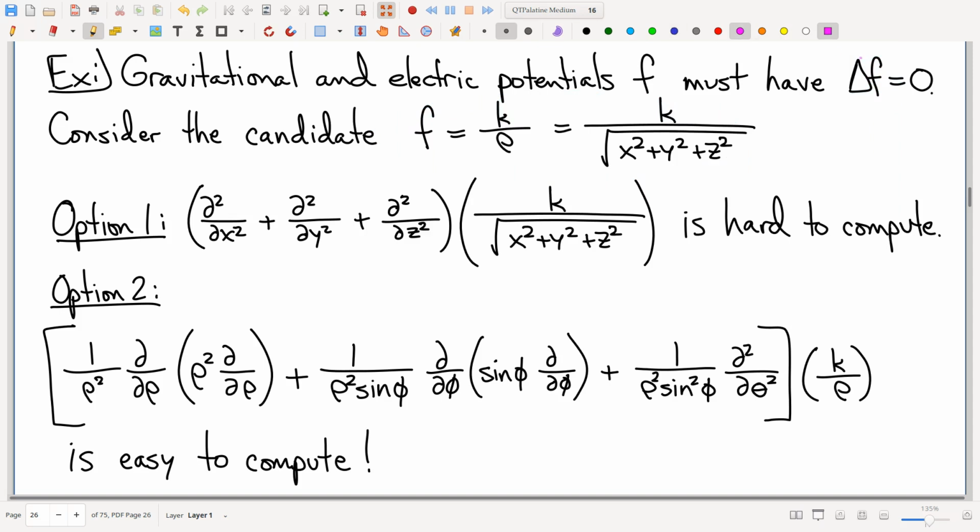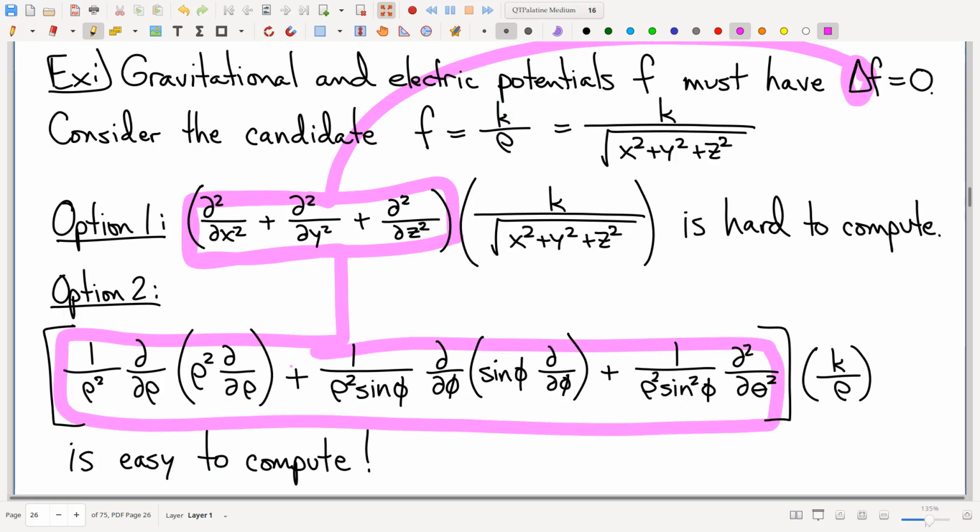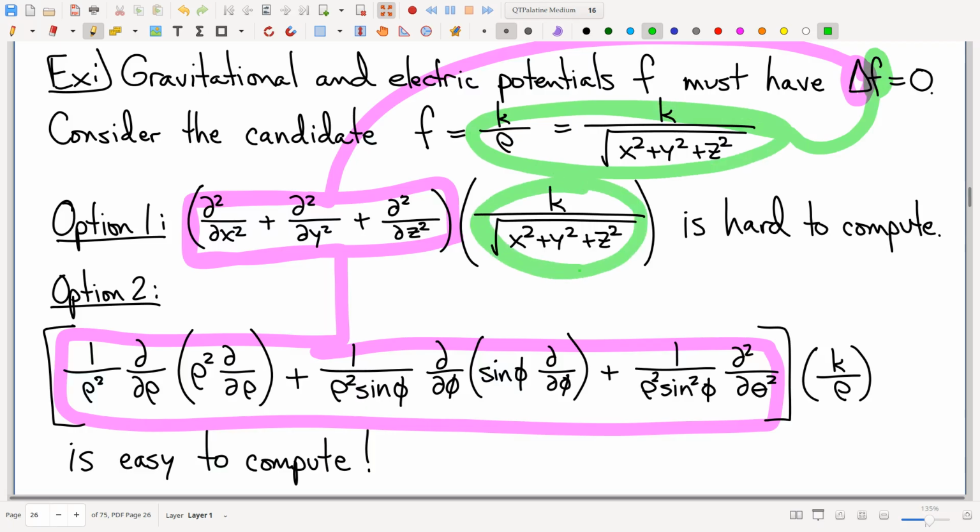All right, well, here's your options then. You can use the rectangular Laplacian, or you can use the spherical Laplacian. Again, most people choose rectangular at this stage of the sales pitch. But notice, likewise, the function: this is how you write it in rectangular, and this is how you write it in spherical.